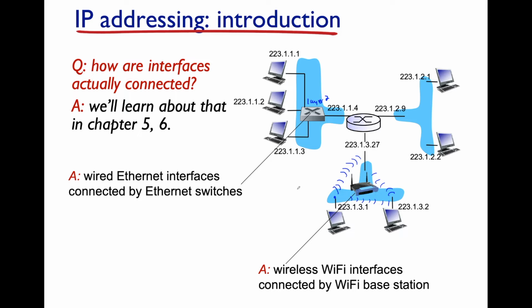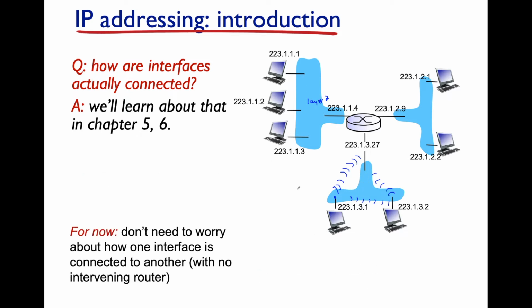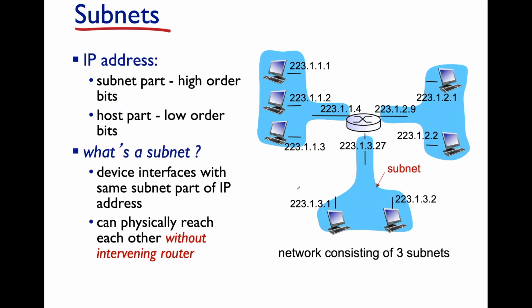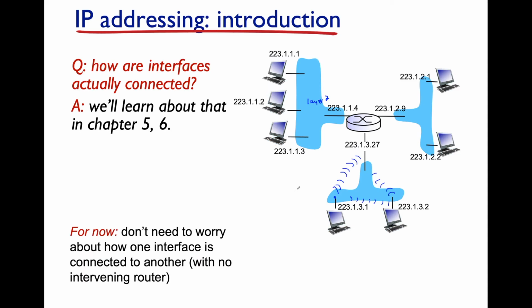Now, of course, one of the observations that you make is that you have some interfaces that are, quote unquote, directly connected to one another, and other interfaces aren't directly connected to one another. If you want to send a message from, say, this host, let's call it host A, to some host B, you can't send it directly. You're not in the same local area. You have to send it to the router in your local area, which then forwards it to that destination.